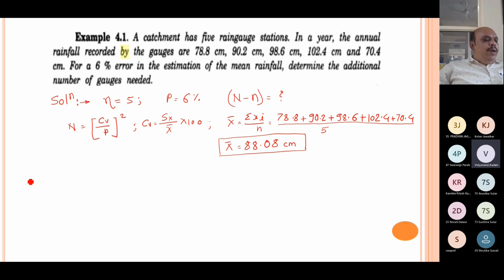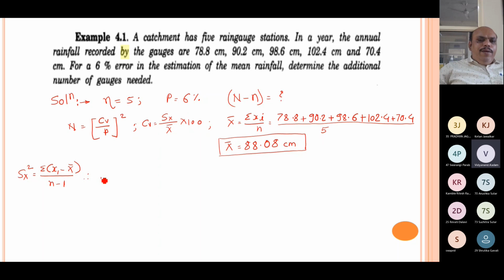Okay, now we have to calculate Sx, and for Sx the formula is Sx square is equal to summation of (xi minus x bar) square upon n minus 1.